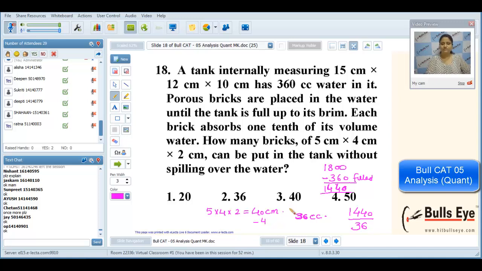What is 1/10 of its volume? That is 4 cc. It means if we put a brick in the water, it will absorb 4 cc and it will occupy the place of 36 cc. It means water will rise up to 36 cc. So what is the unfilled quantity? That is 1440, and by one brick 36 cc. So 1440 divided by 36. Is it okay, Chetan?